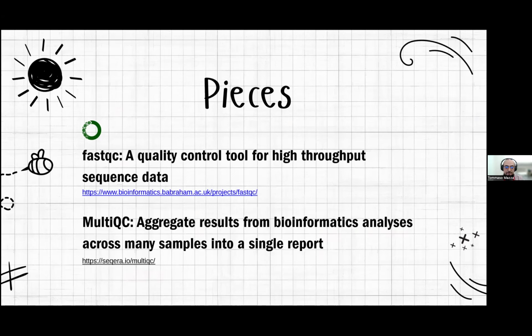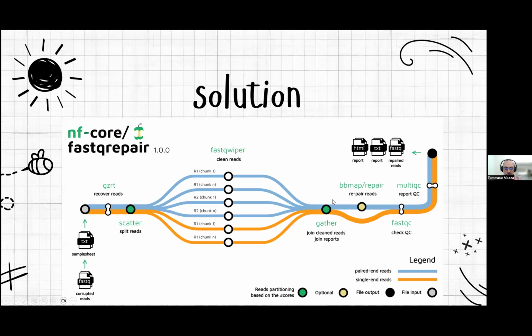And finally, because as I said, the pipeline is very, very simple, we run FastQC to just have a quality control of what we recovered, and MultiQC, of course. So this is the pipeline again. In blue, you can understand now that we can process both paired end and single end reads, in the single end and in orange.